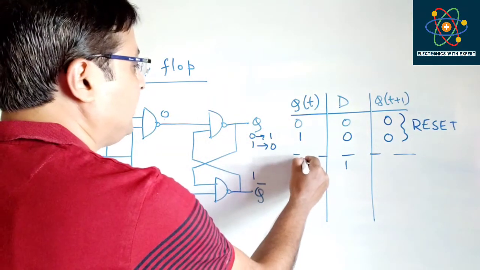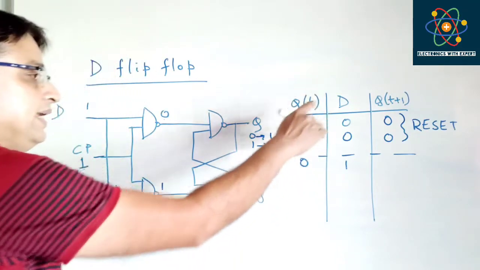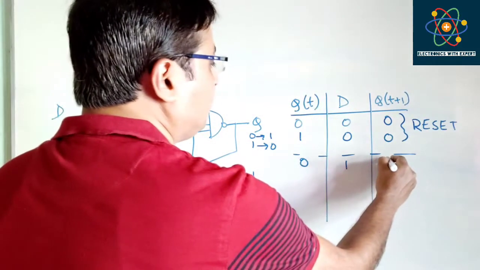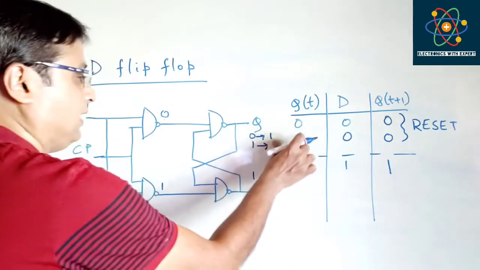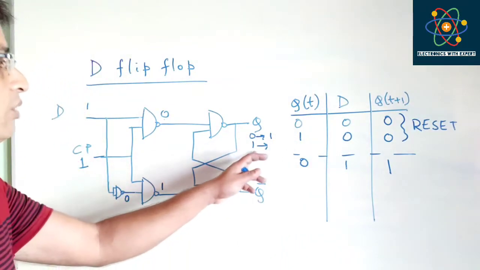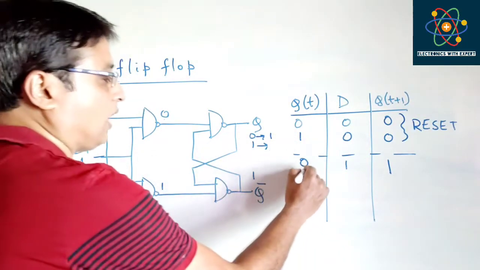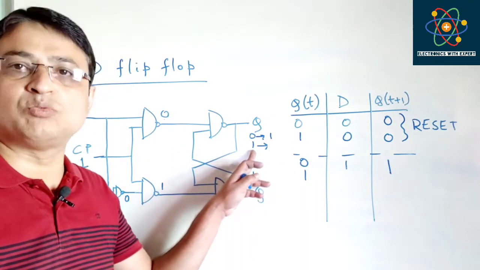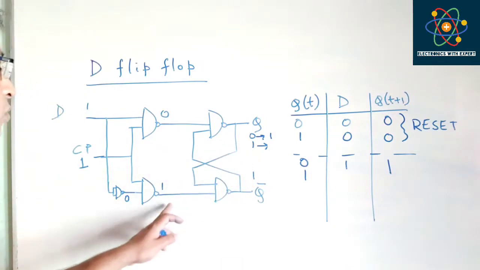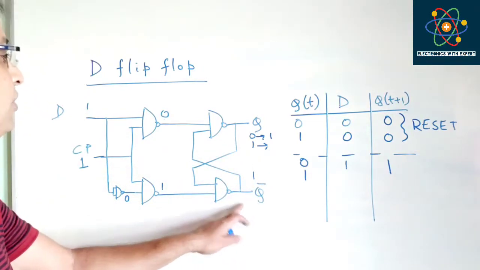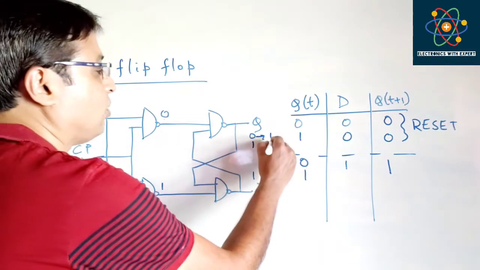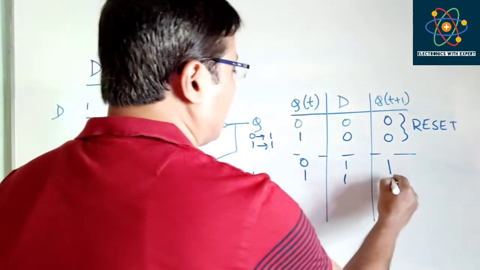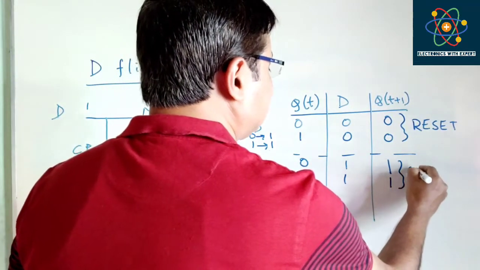So for Qt 0, D equals 1, Qt plus 1 equals 1. Now for Qt equals 1, what happens? If this Qt, the previous state output, is 1, then 1 and 1 makes this 0, and 0 and 0 makes this also equal to 1, and this is the set case.